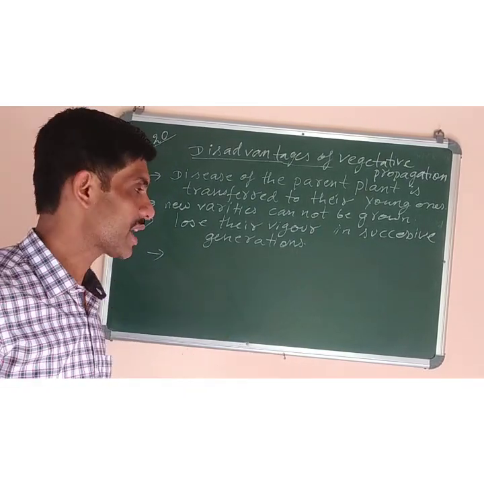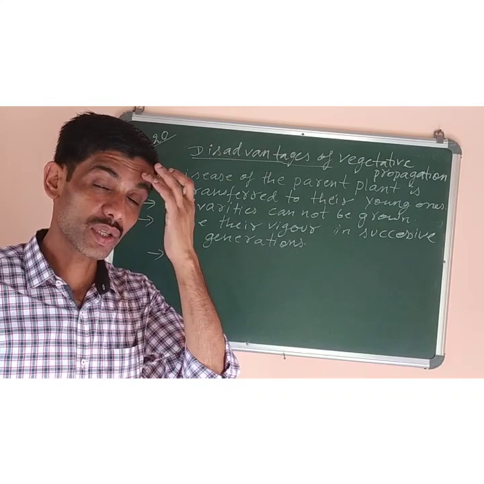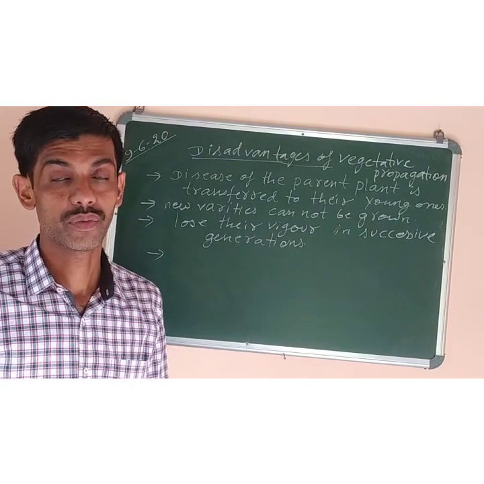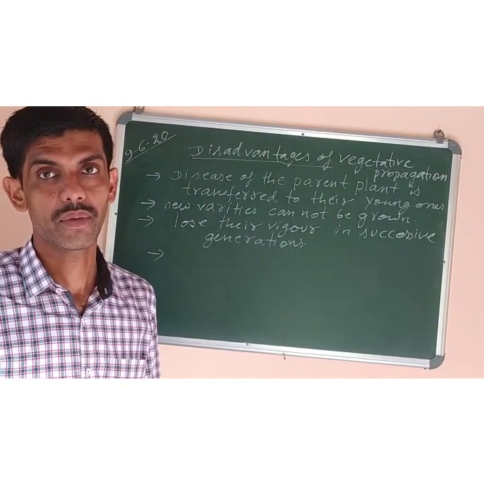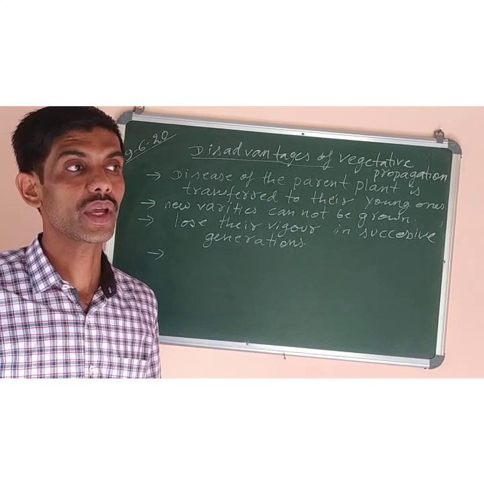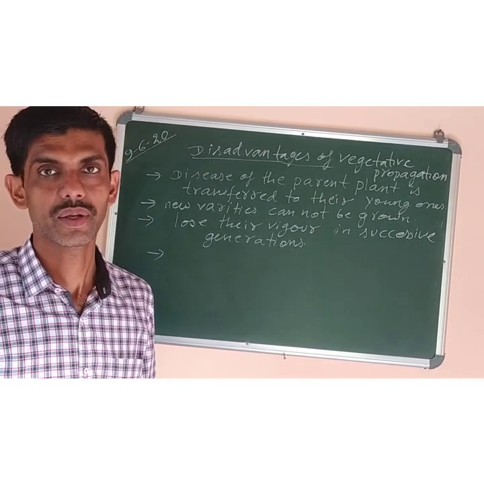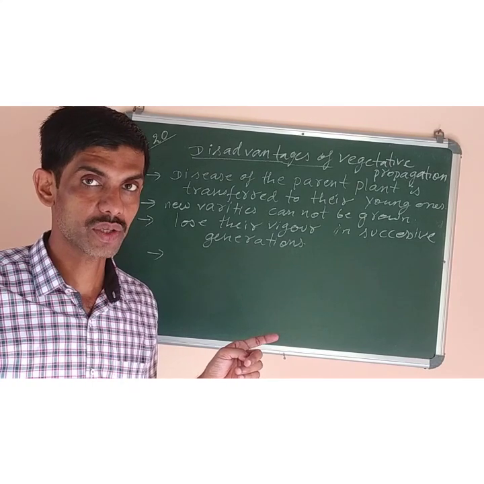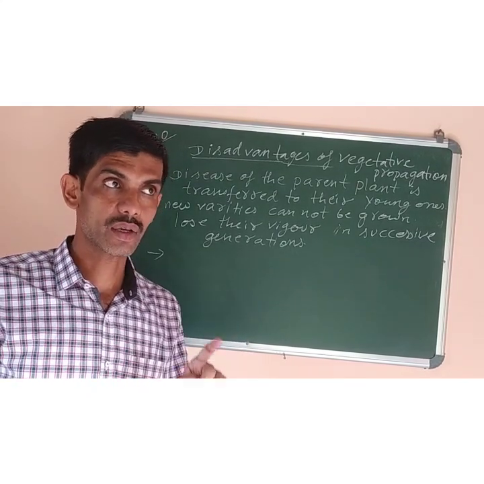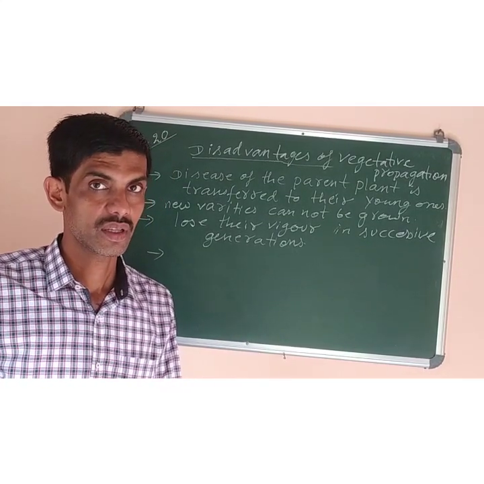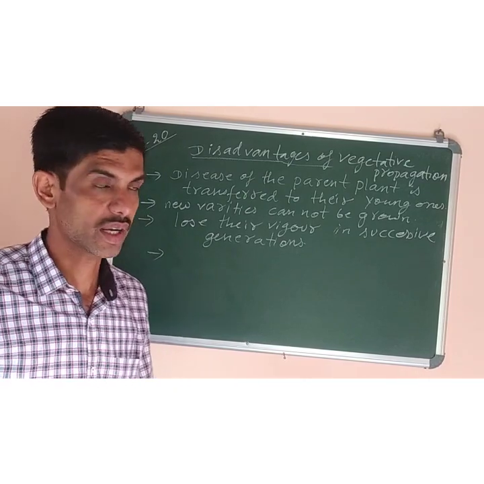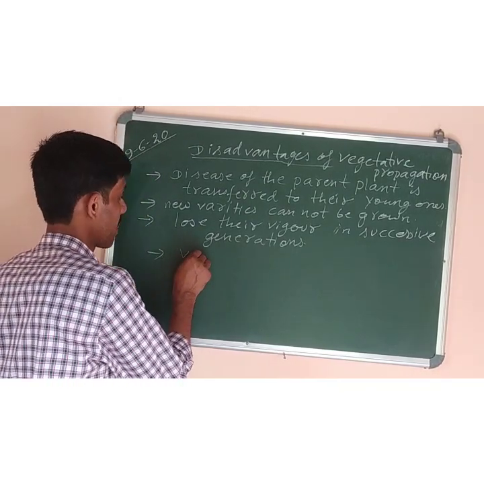Okay. Now the last one. As you know that seeds can be stored for a longer period of time, and whenever we need we can grow them into a new plant. But in case of vegetative propagation, the vegetative parts like roots, stems, leaves cannot be stored for a long time. So that is the last point.